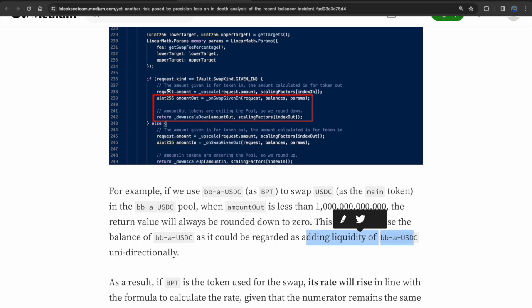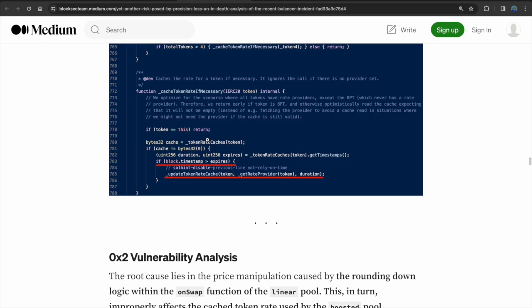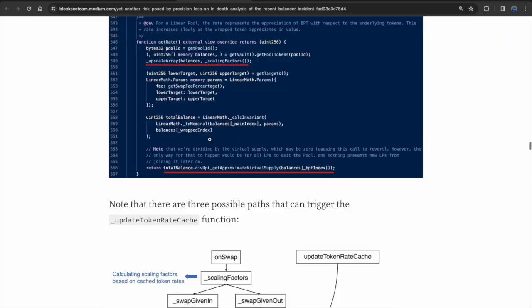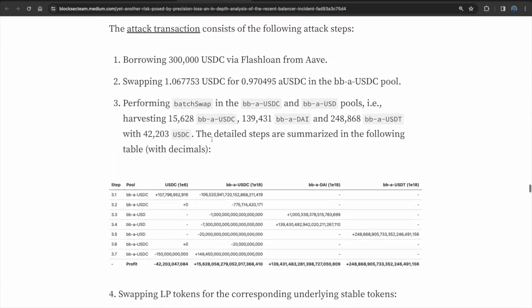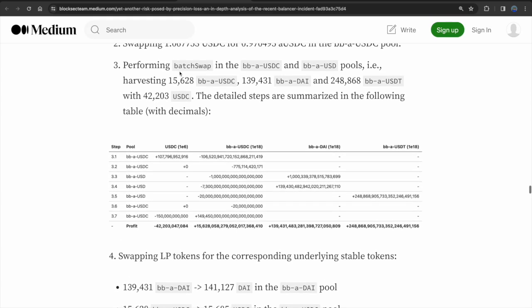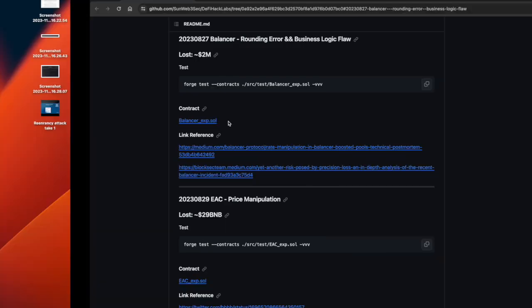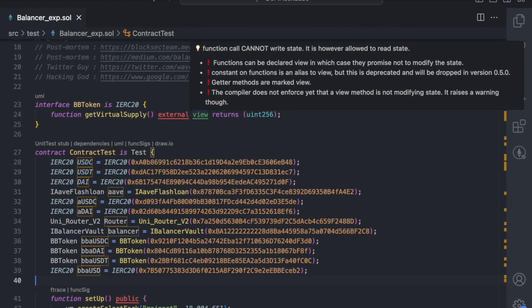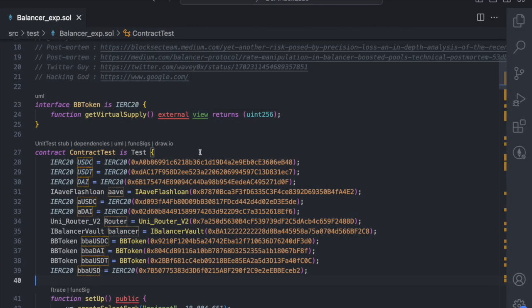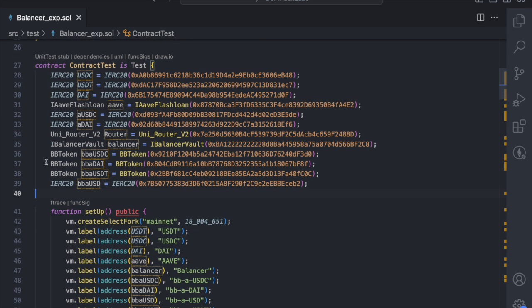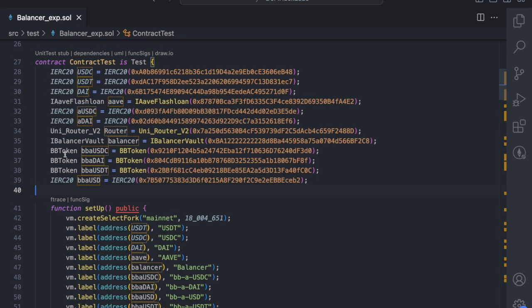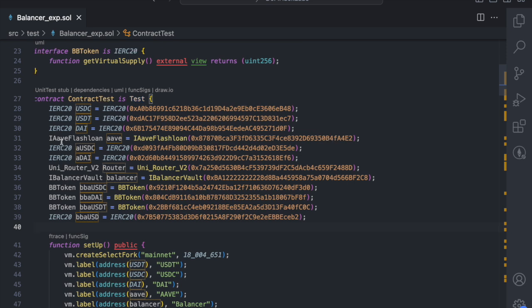And we'll link everything so that you can go into this in-depth analysis by the BlockSec team. But we're going to just do a walkthrough of what that code looks like now that we understand what was happening here. So if we look at this Balancer exploit contract, just running through this, we have a few tokens that are going to be swapped.